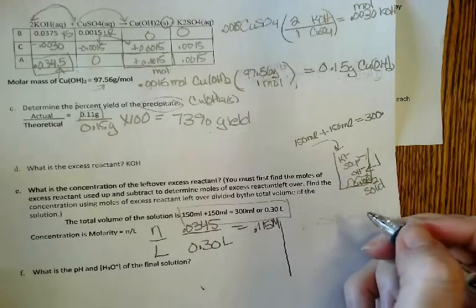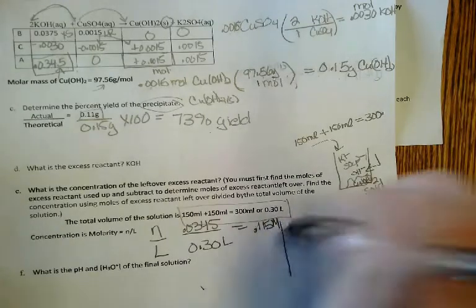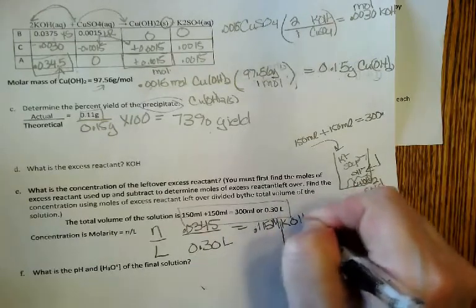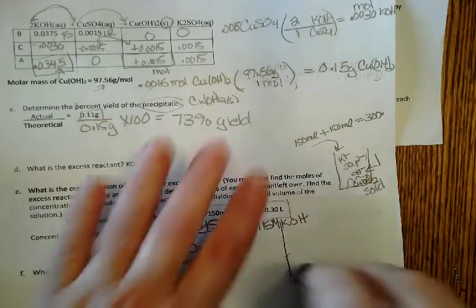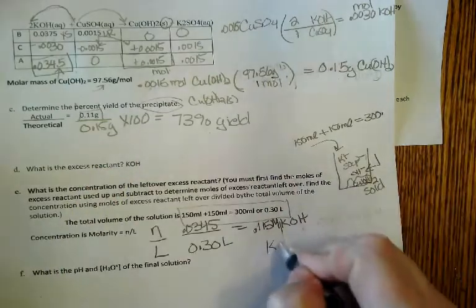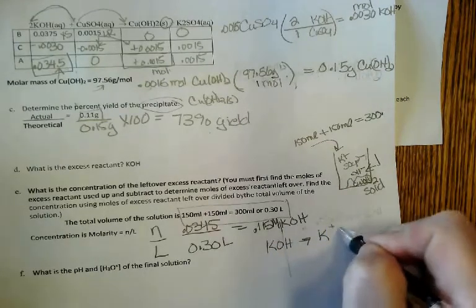Okay? So this is my molarity of my KOH. And what happens is it turns out it's also the molarity of my OH, because KOH goes into the solution, it makes 1 K and 1 OH.